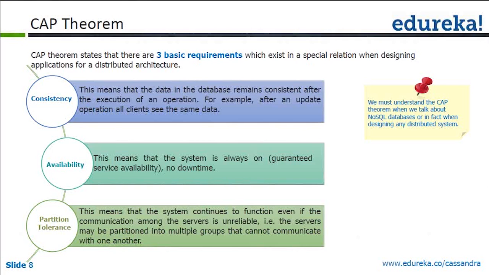So we need to ensure that even if there is a network outage, the system is not down, the application is not down, and the end user is not affected. All right, so these are the 3 important things that must be considered when developing and using a NoSQL database.